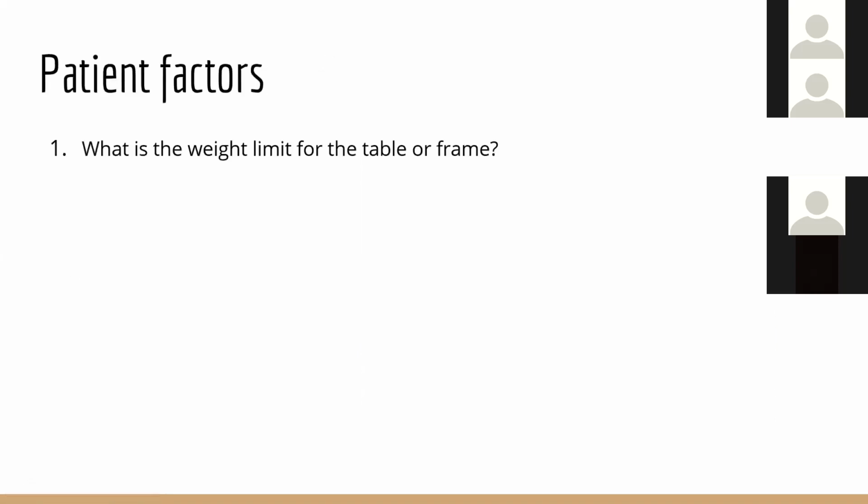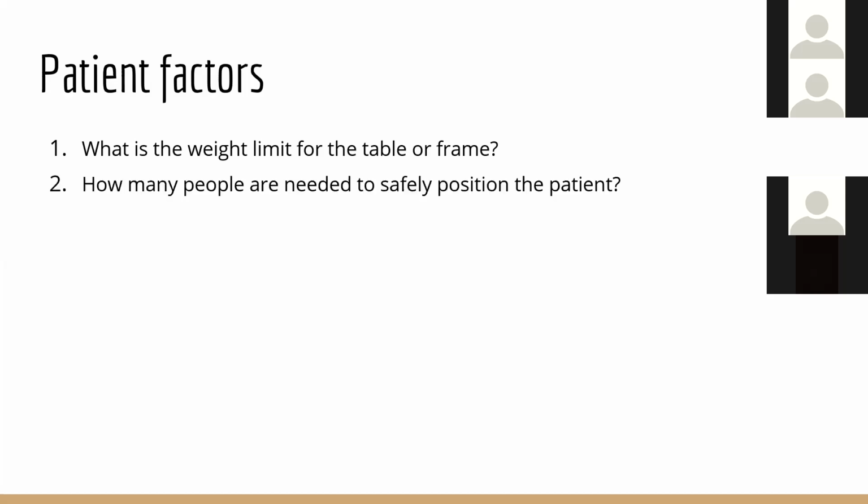Then the patient factors. First point regarding patient factors: what is the weight limit of the table? Not all tables can bear an obese patient. So the weight limit of the table is one patient factor. Second point, are there enough people to position safely? Third point, do we have positioning aids?